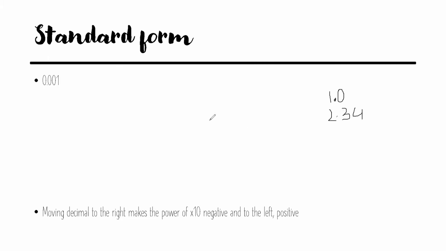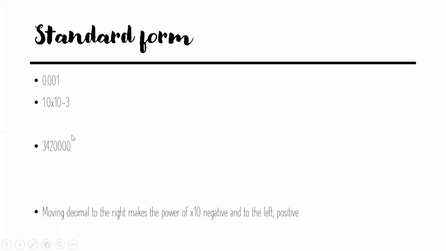And if I move the decimal place, I have to add the times 10 sign. So I move it so the number becomes 1.0, with only one value to the left of the decimal place. I moved it 3 times to the right, and to the right it makes the power of 10 negative. So that becomes 1.0 times 10 to the power negative 3.